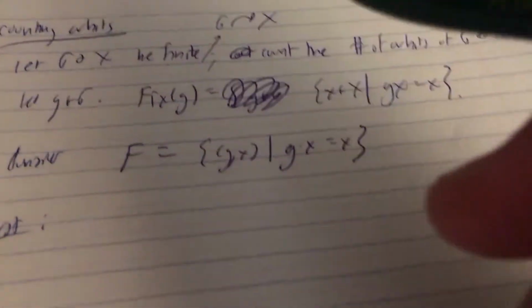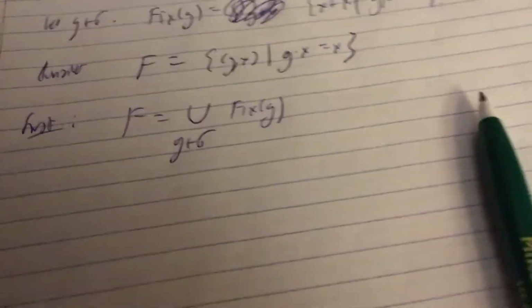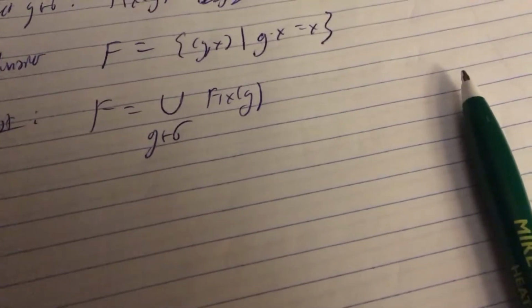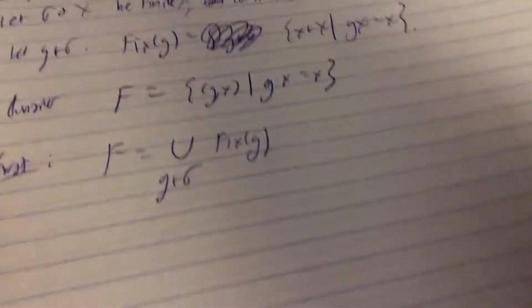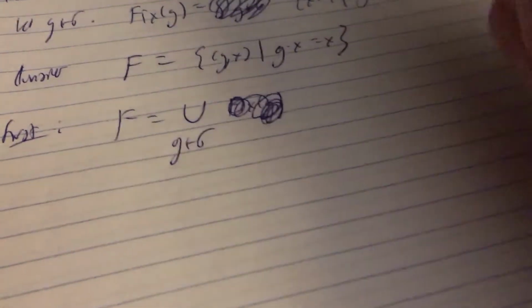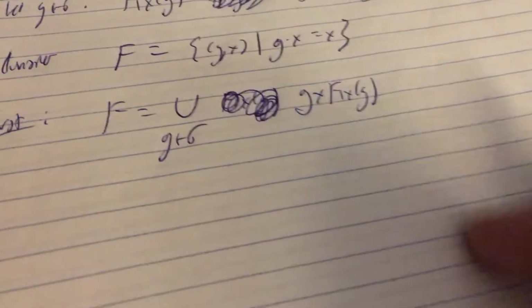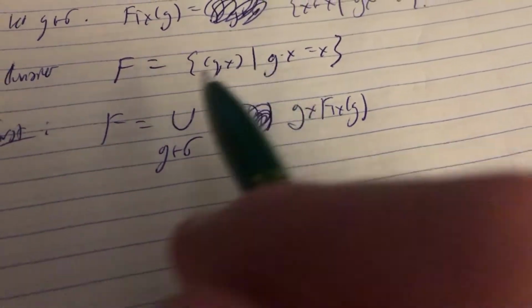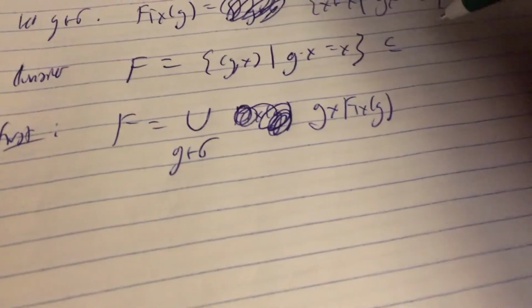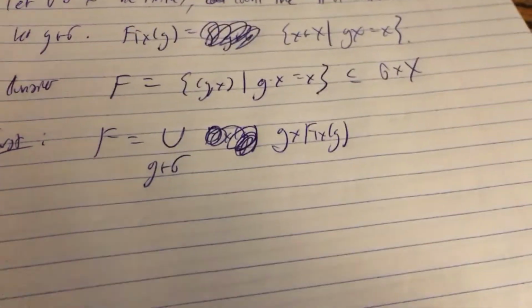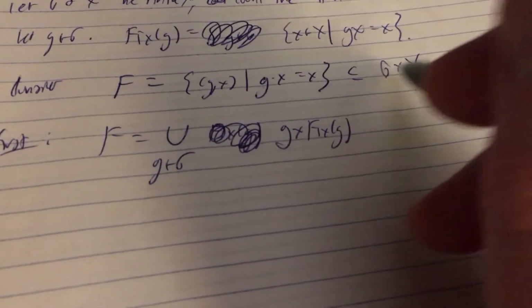If I look over all different g in G, and I look at all the fixed point sets, that's exactly F. I should be a little more precise: it's the union over g in G of g cross fixed g. Let me be precise about where F lives: it lives inside G cross X.